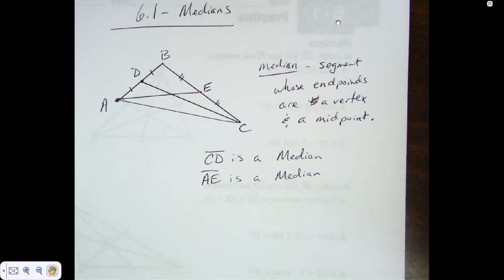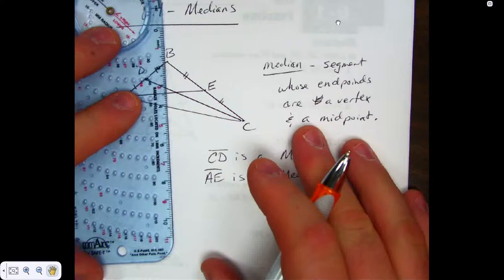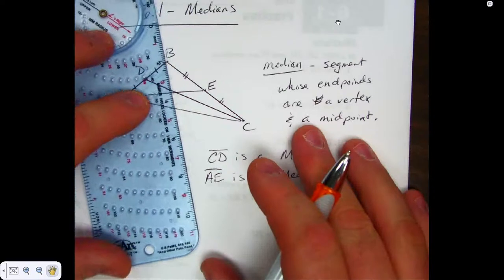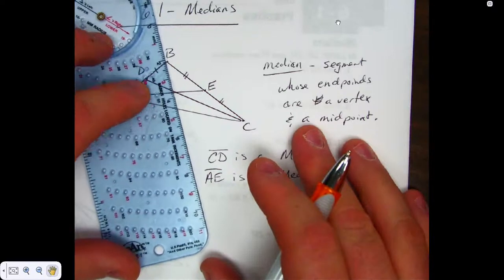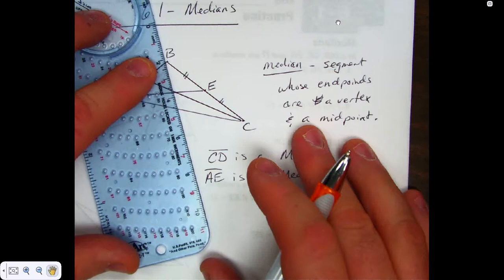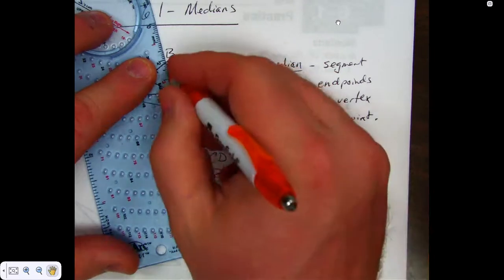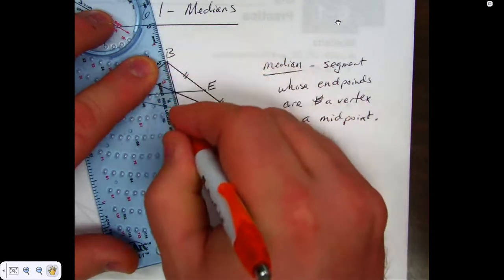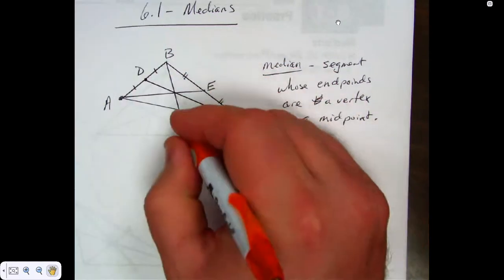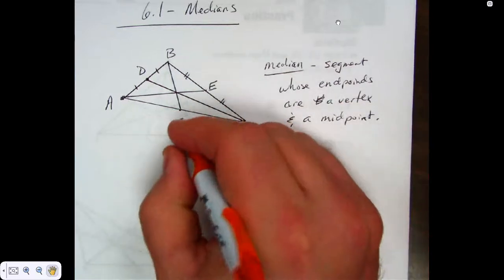And believe it or not, I don't even have to measure to draw the next median, because it turns out that the medians of a triangle always meet at what's called a concurrent point, a point where 3 or more lines intersect at the same place.